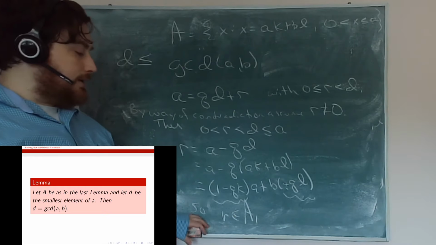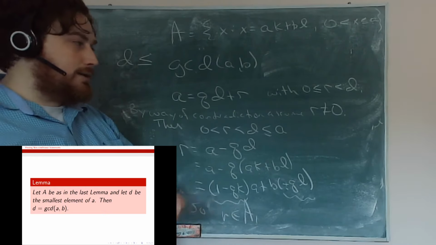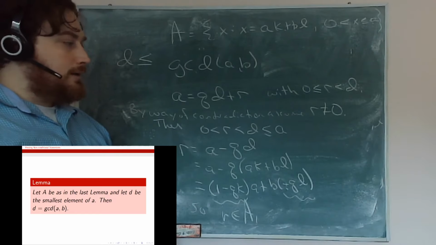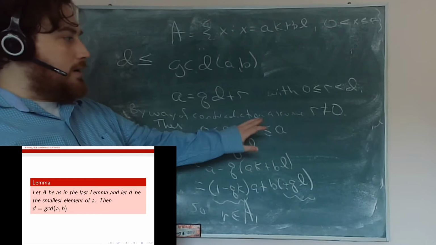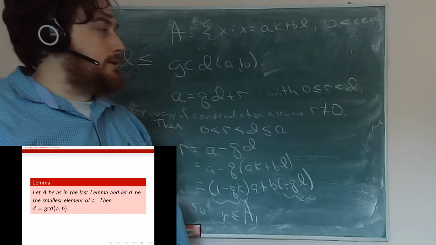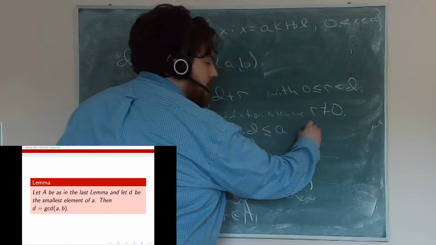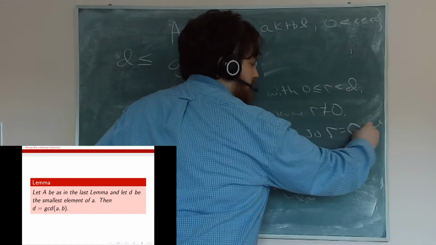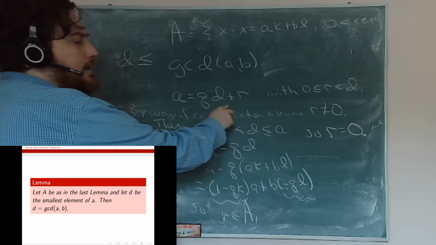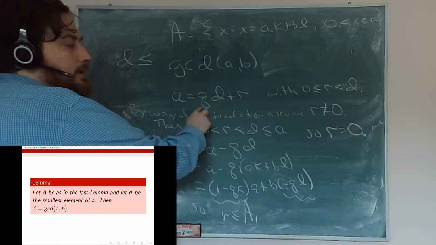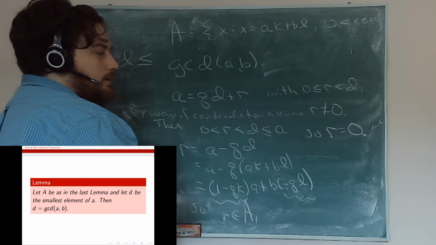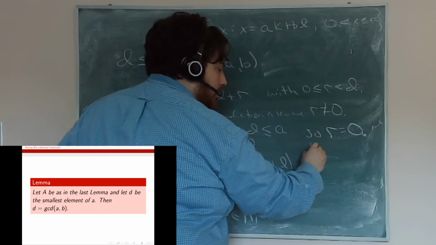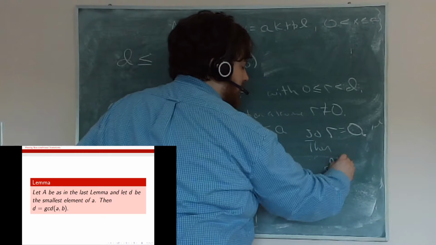Therefore, we have a contradiction, so that means R can't be in A. So therefore, R has to be equal to 0. And since R is equal to 0, A is Q times D plus 0. So D divides A.